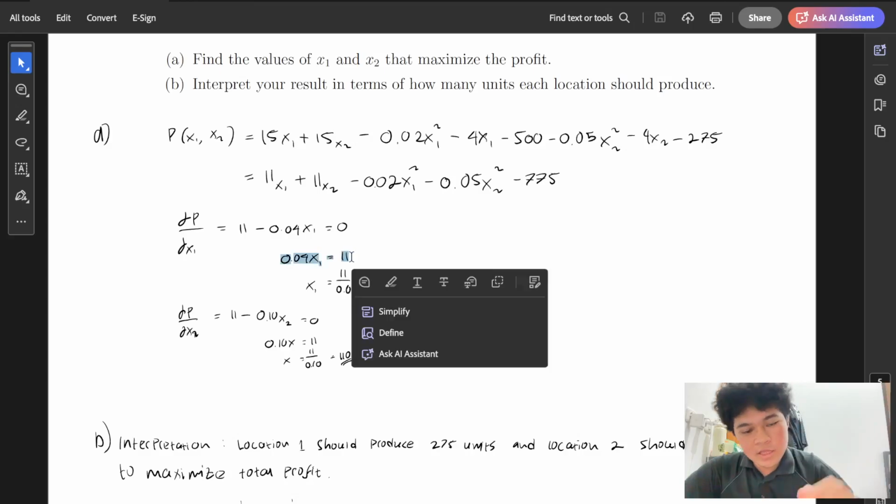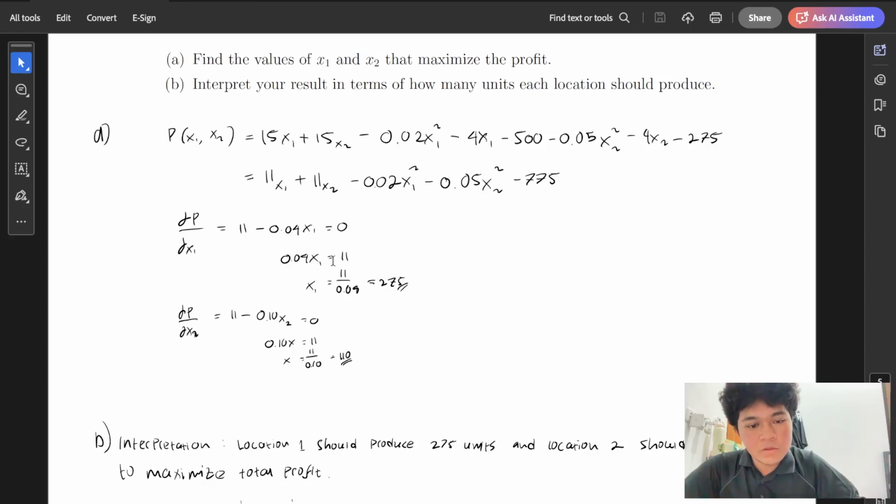We reverse both sides, so 0.04 x1 equals 11. So x1 is equal to 11 over 0.04, which is this number.